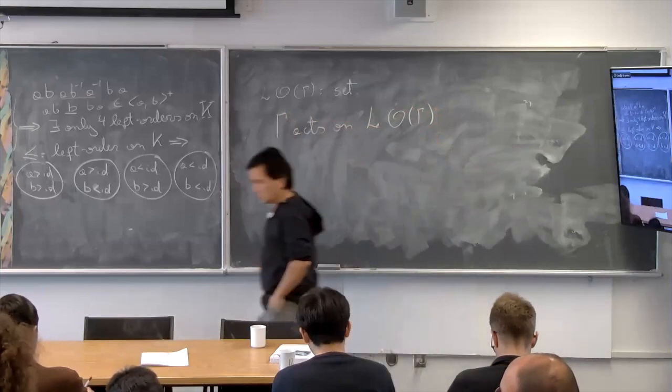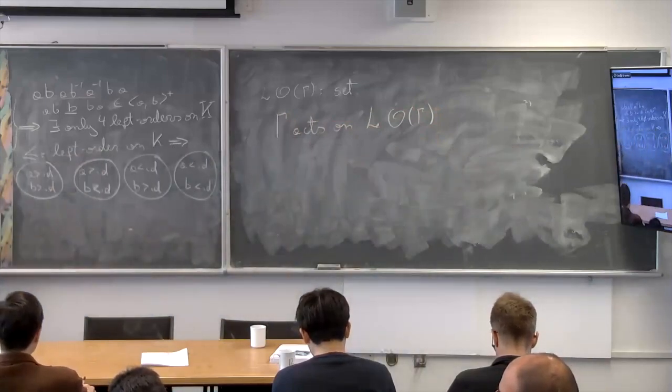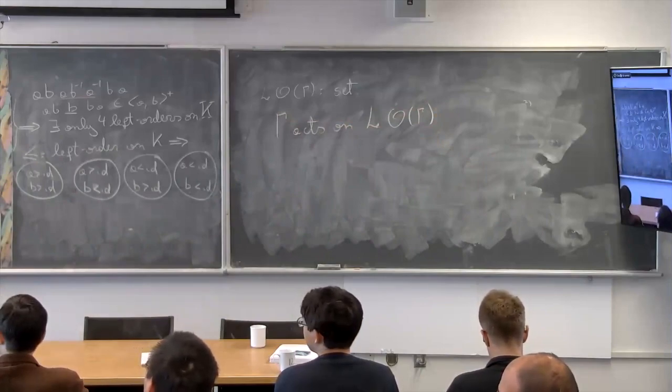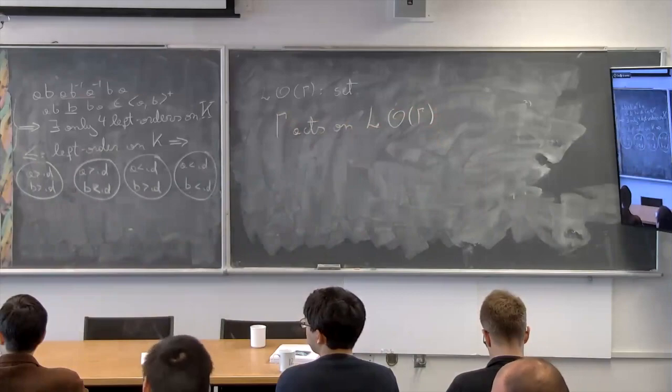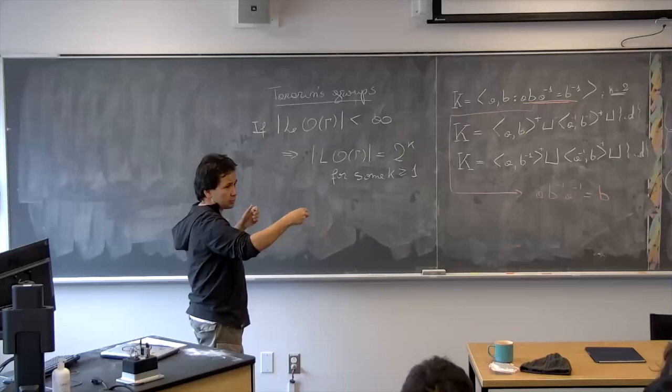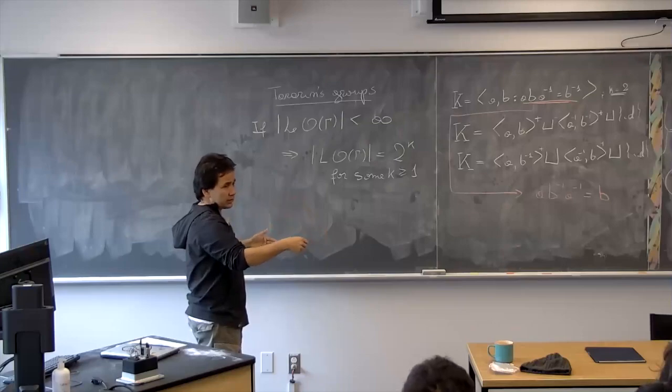Quick question about this. Can you see directly that if there are finitely many orders, then it has to be a power of two, or do you need to use the fact that they are Tararin groups? You really need the full Tararin theorem. So there was this description with a rational series, and one can prove that every order is attached to this.